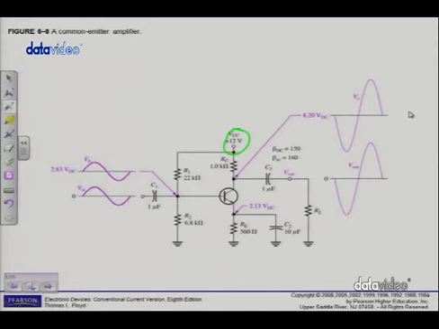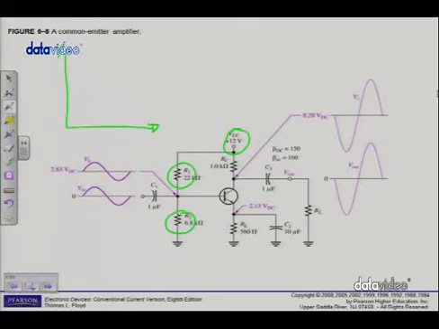I am using a voltage divider R1, R2 to determine my VB, which will also determine then my IBQ. So if I go and look at the characteristic curve of a transistor that you've done in chapter 4, IC against VCE.